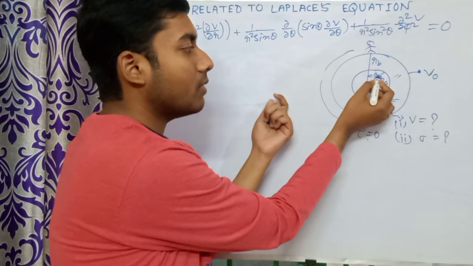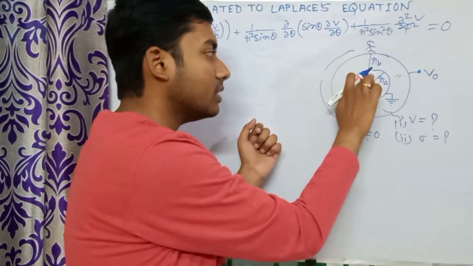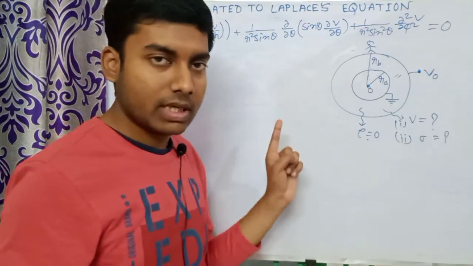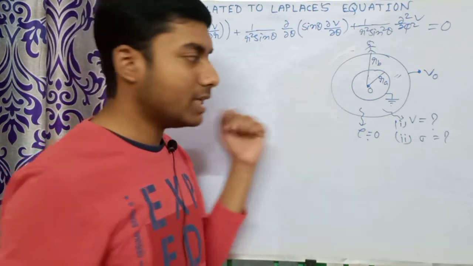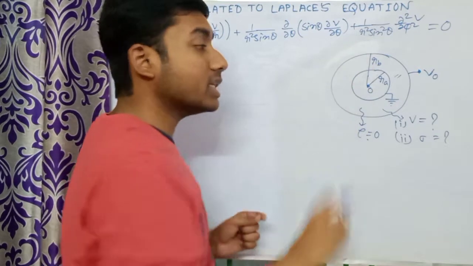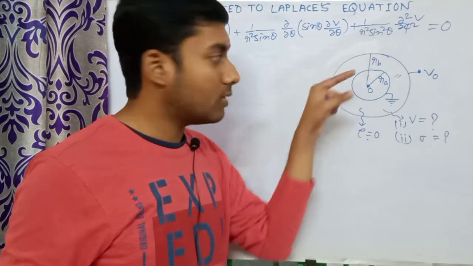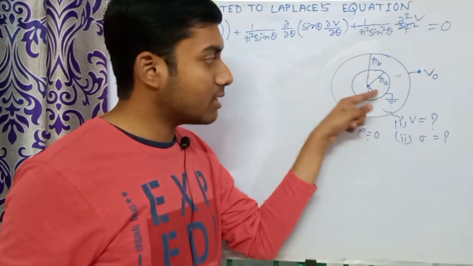I am moving, so theta is changing, but with the change of theta the potential on the surface is not changing. Similarly, for this small sphere you can easily understand that. But the potential changes when we shrink the radius from Rb to Ra, where the potential vanishes to 0 as this is grounded.